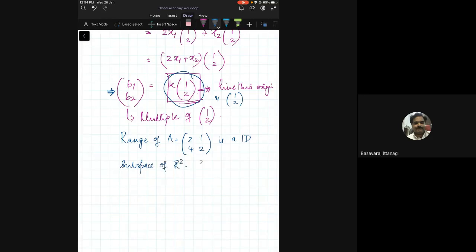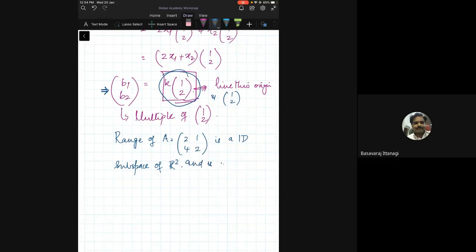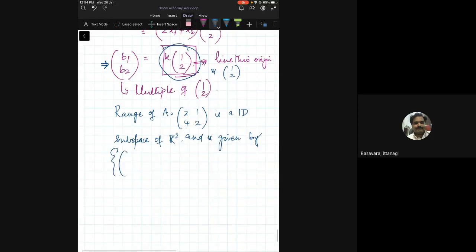And we say the column space or range of A is given by x times (1, 2), where x is a real number. Is everybody getting this?